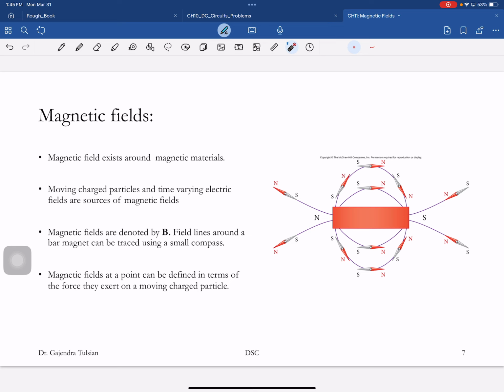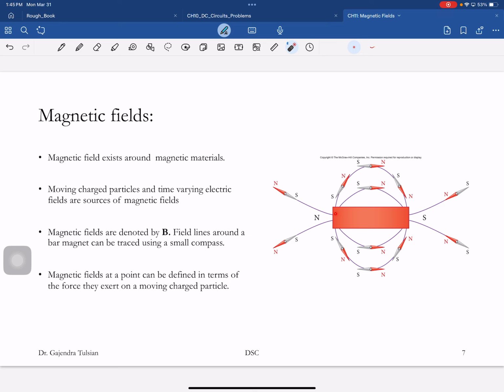So here's what we're going to study. We're going to get a bar magnet, and the bar magnet produces magnetic fields all around it. How far does this field go? To infinity. And obviously the strength decreases the further out you are. You see the field lines start at the North Pole and end at the South Pole.